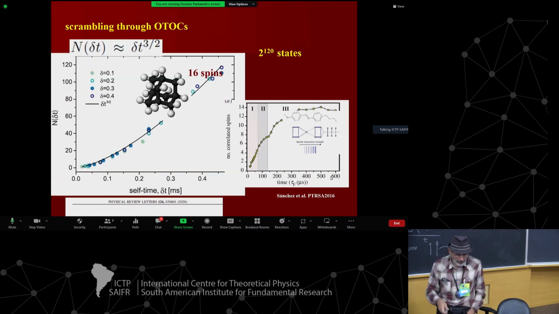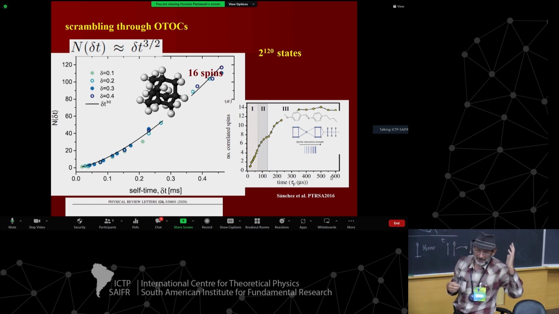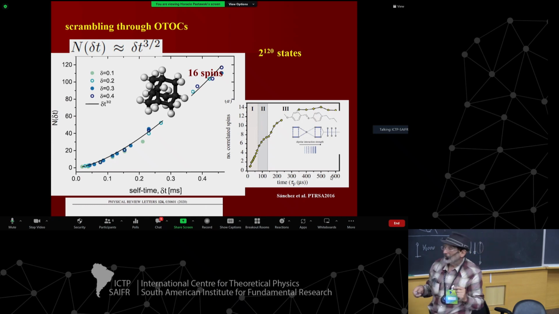And then, for example, in this crystal we have 16 spins in the molecule, which is the unit of the crystal. Since this molecule, adamantane, is almost spherical, it rotates permanently, more than 10,000 times a second.